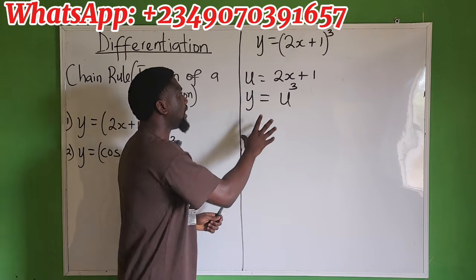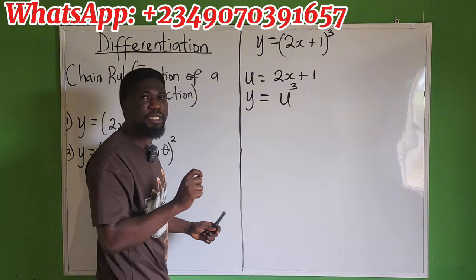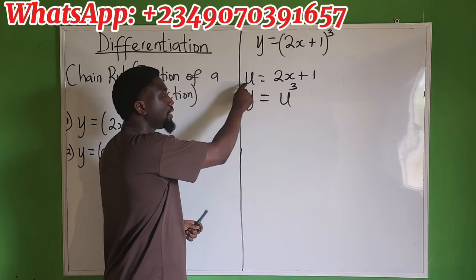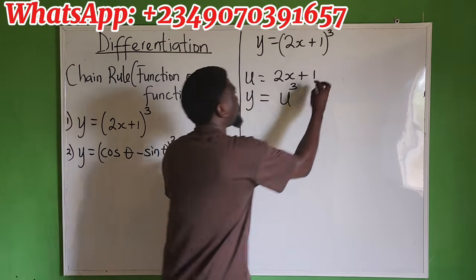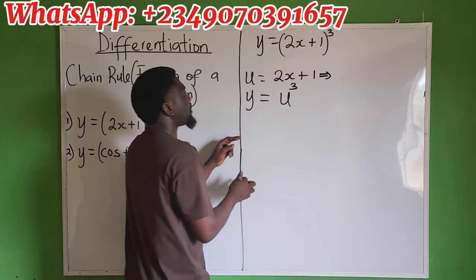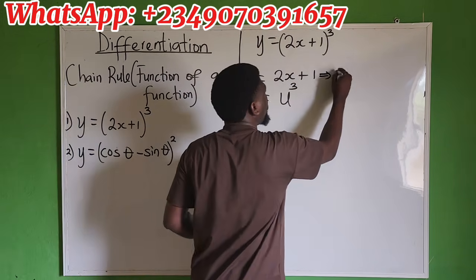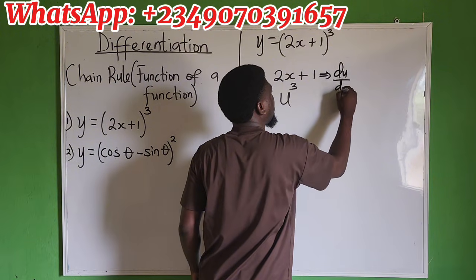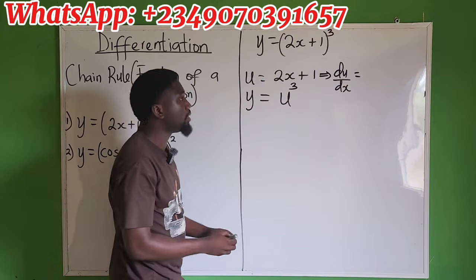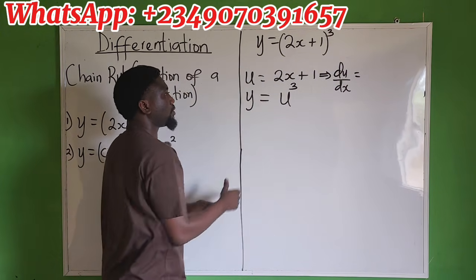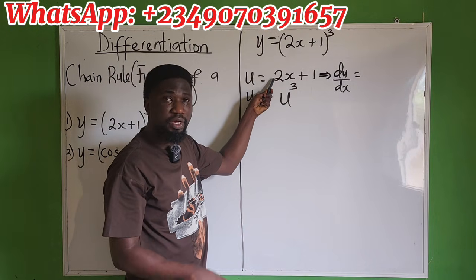Alright. Having done this, the next thing is to differentiate. For u, you are going to differentiate u with respect to x. That is du over dx. Is that taken? So differentiating this will give us 2.